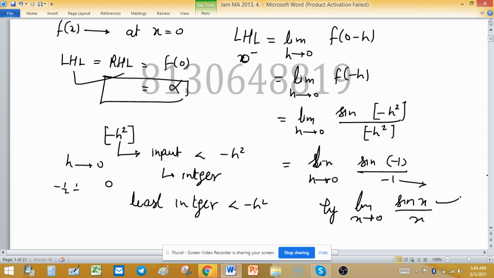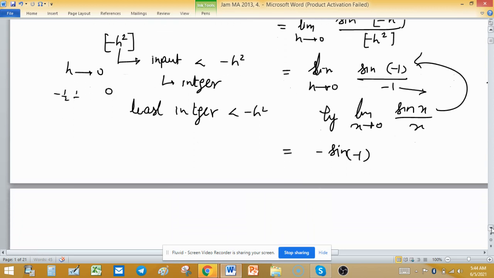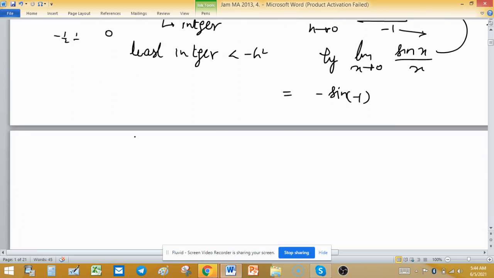So never compare this one to that, otherwise you will be wrong. So we are getting minus sine of minus 1. Similarly you can find the right hand limit, but we are done here, as this limit is equal to alpha because of continuity.